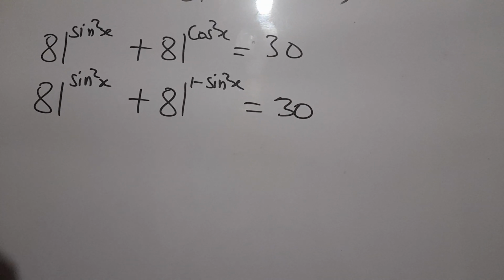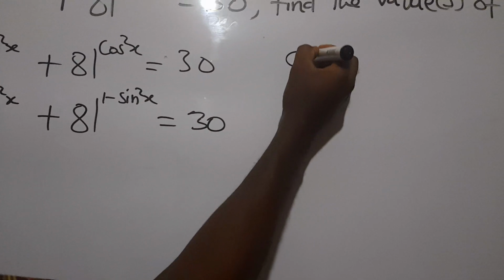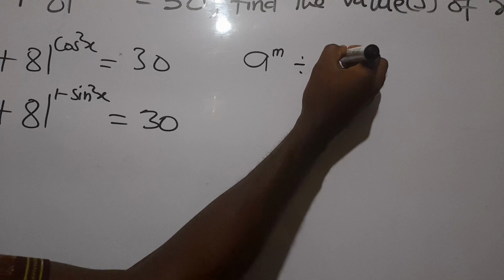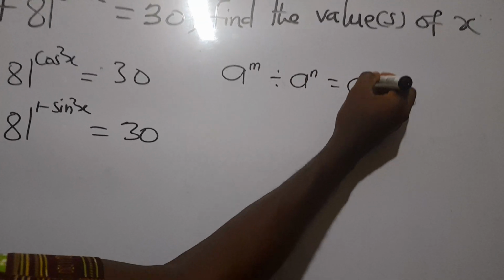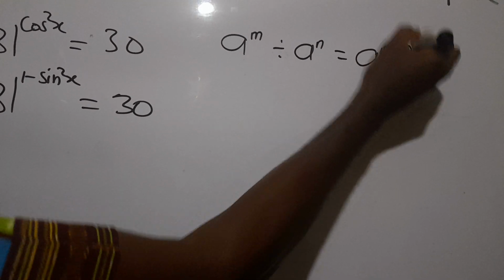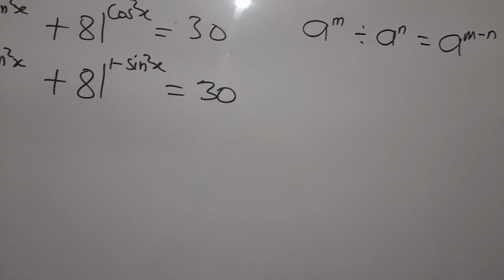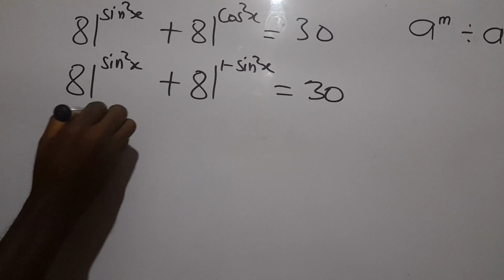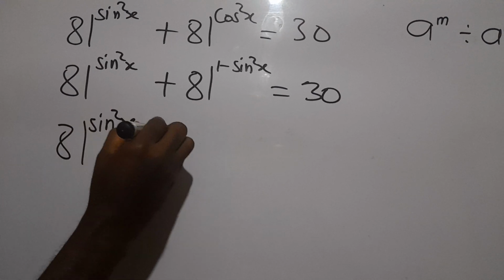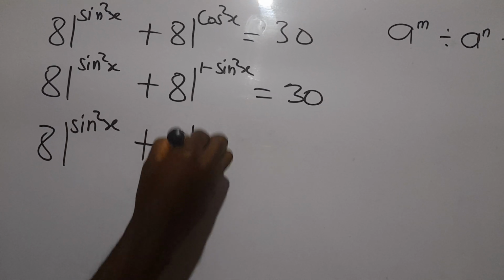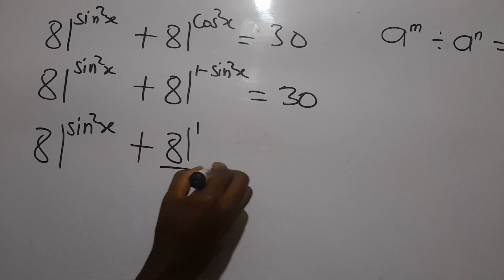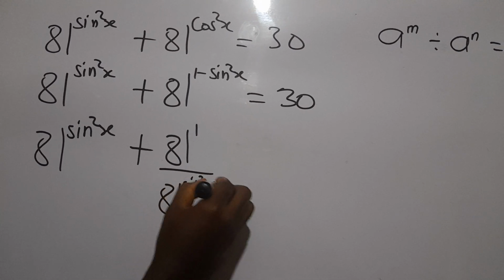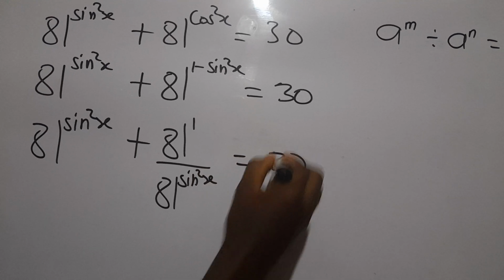So the law of indices says that a exponent m divided by a exponent n is equal to a exponent m minus n. Then we can apply that law to this and say that 81 exponent sin square x plus 81 exponent 1 divided by 81 exponent sin square x, all equal to 30.